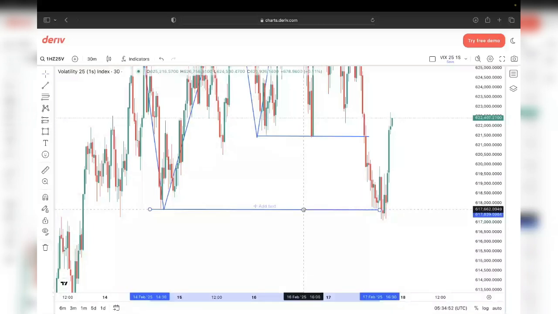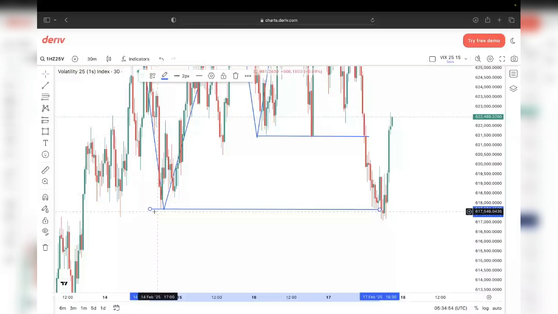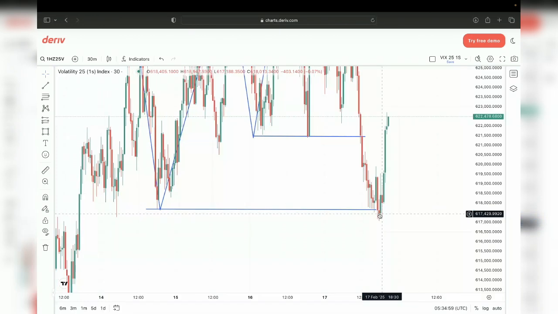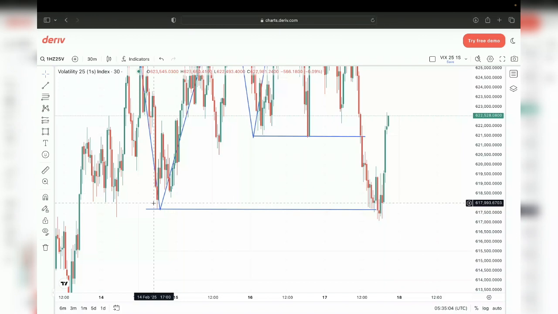Number one, if price takes out this low with the wick of the candle, then goes above it, it is not considered as a change of trend of any kind. A break of structure happens with the body of the candle.